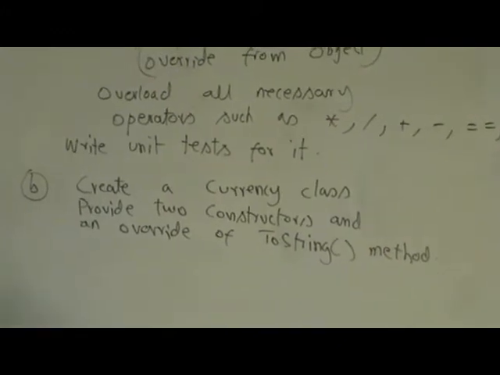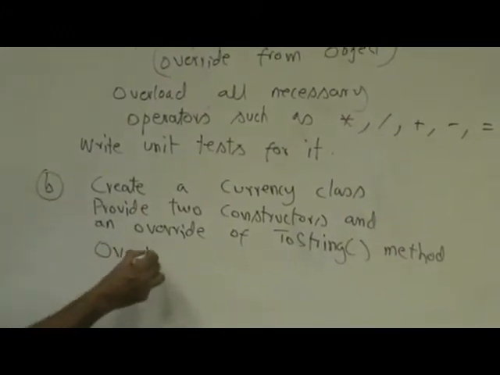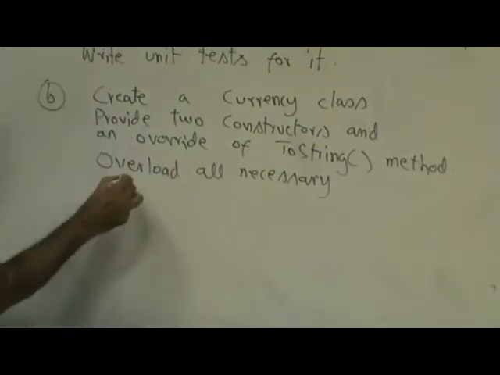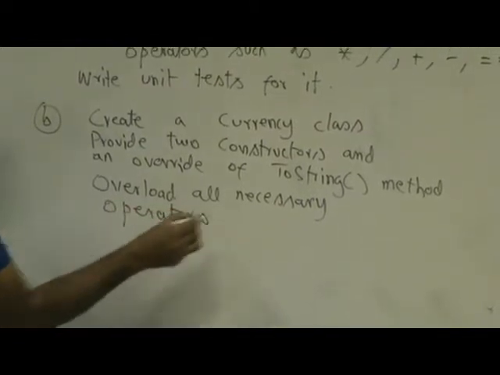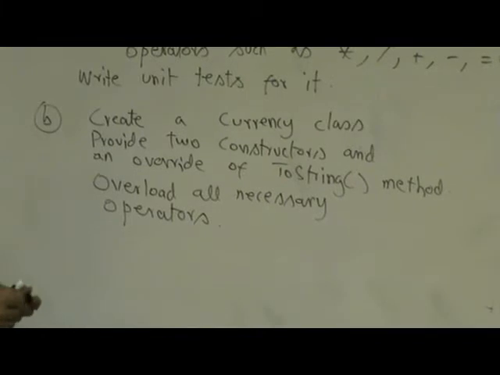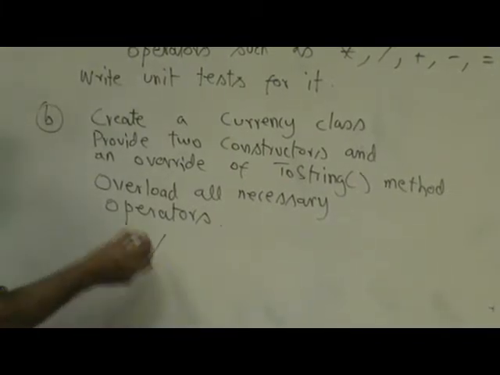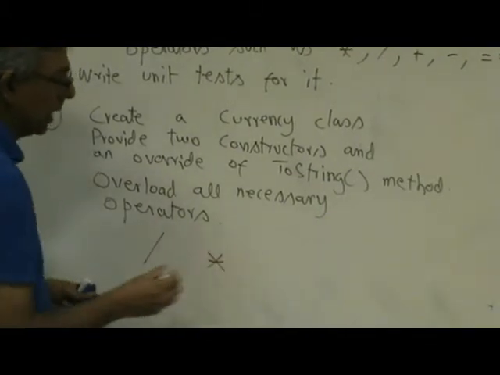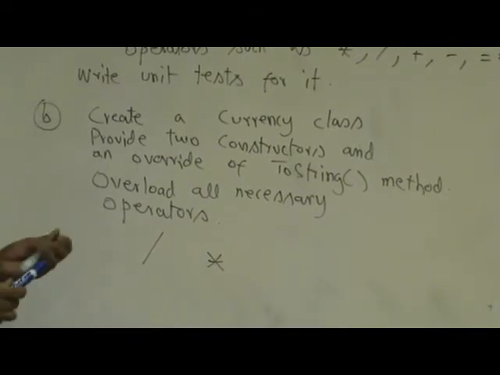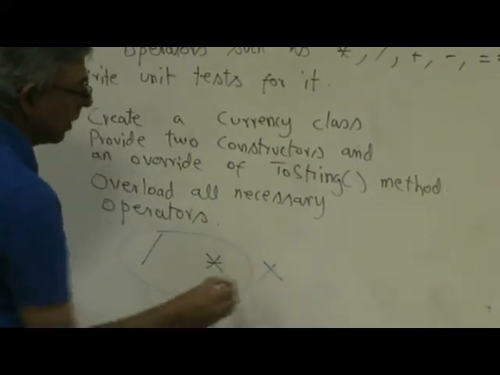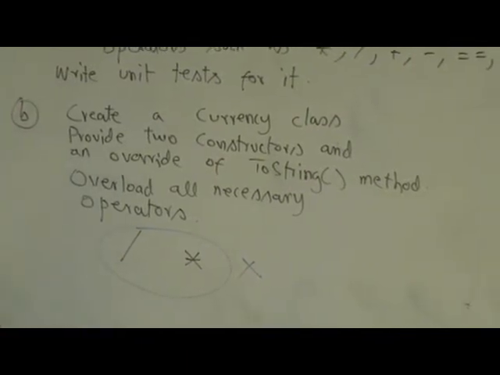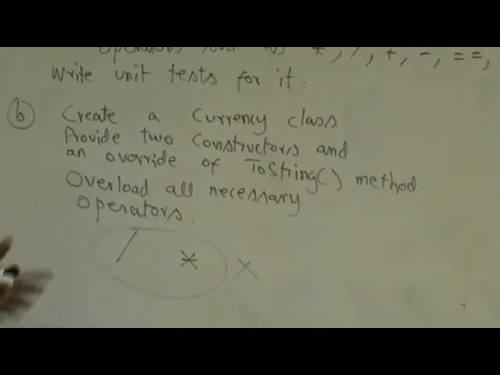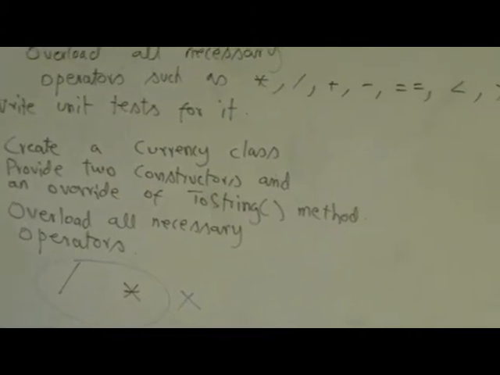Okay, and overload all necessary operators. Okay, so what are the necessary operators? For example, divide does not make sense with the currency. Okay? Multiply does not make sense with the currency. Okay? So these you don't have to do, right? Plus, minus, we do add currencies, we do subtract currencies, we do compare them, right? So the other operators do make sense.